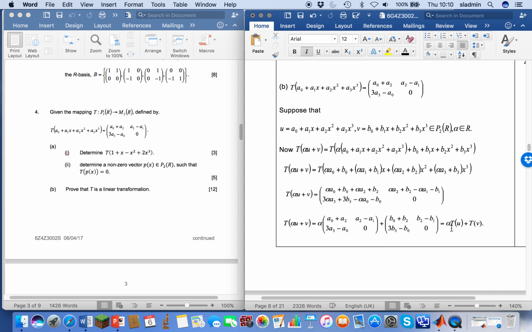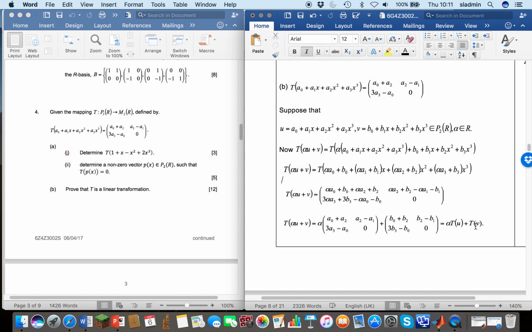And now, this is where we can perform a cheat, because we know we're trying to end up with alpha T of u plus T of v. So if you work backwards, we know that this should equal alpha. Here is our T of u, and here is our T of v. So you can either work backwards or continue forwards. So you can see that we can split this matrix into 2 matrices where alpha is a factor we can bring in front of the first matrix, and then we can take this second matrix.